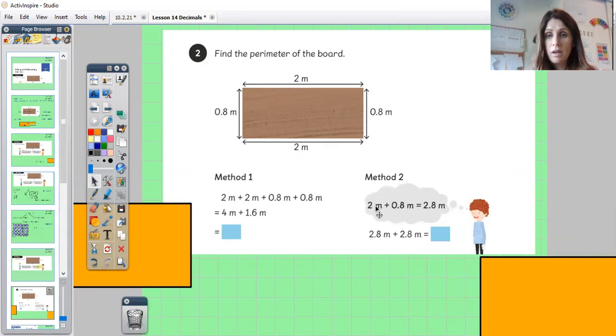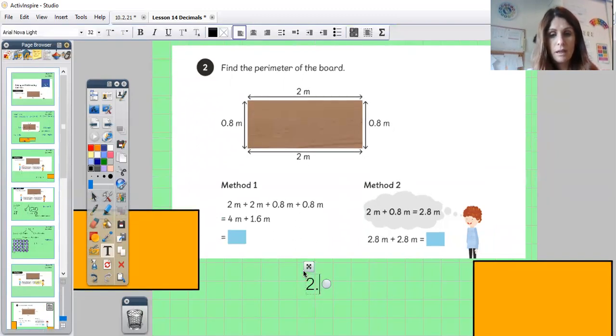And then the second way you could do it is you could do the longest side plus the shortest side, which is 2.8, and then find 2 of those. So 2.8 plus 2.8, and we can obviously do that by putting it, oh look, let's get rid of that. Let's do it with our, okay, 2.8 plus 2.8.